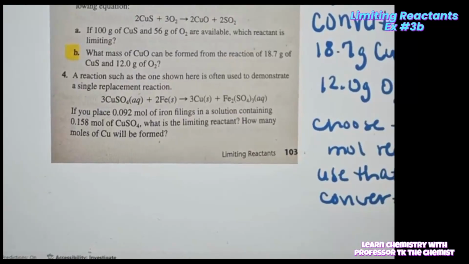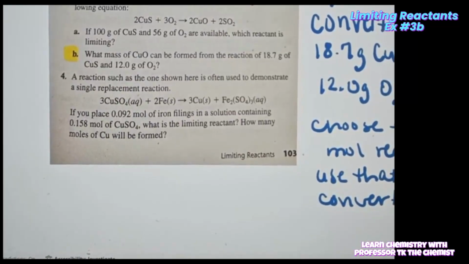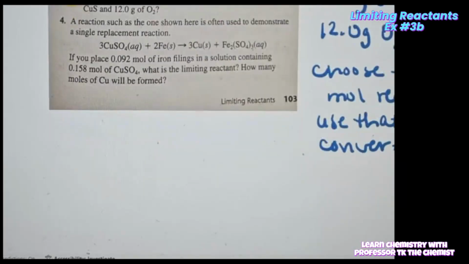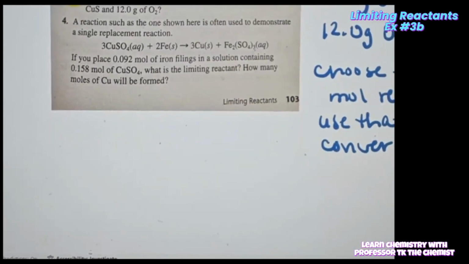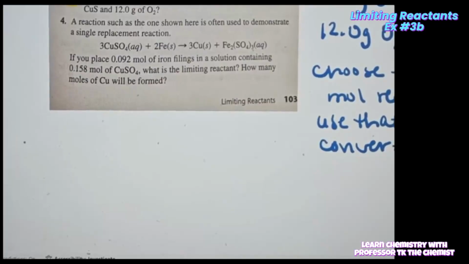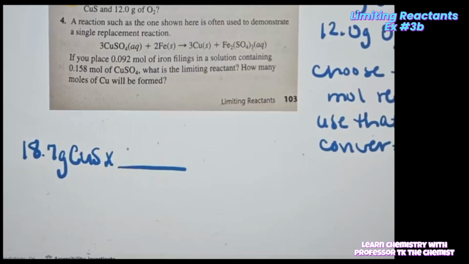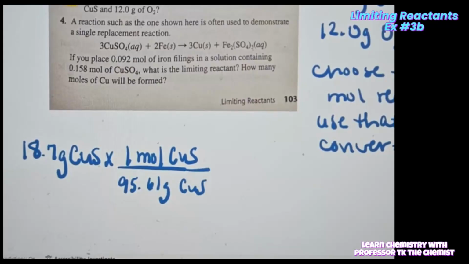So now, here we go. We already had the numbers from before, so we have 18.7 grams of copper 2 sulfide times, and again, remember, 1 mole of copper 2 sulfide over 95.61 grams of copper 2 sulfide.